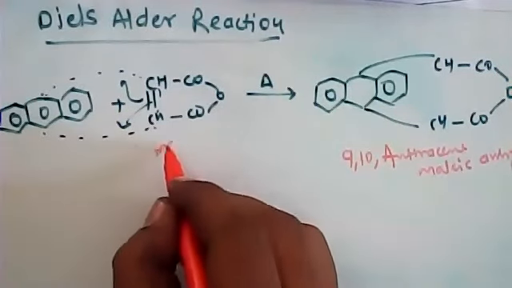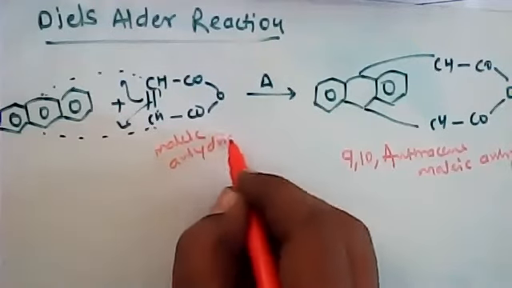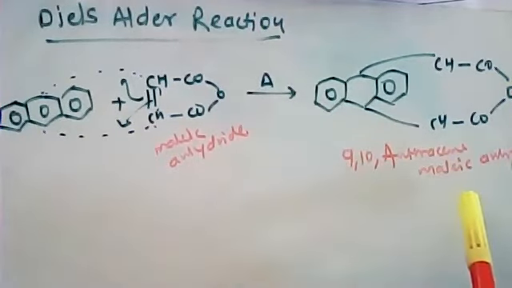This is the maleic anhydride. In the Diels-Alder reaction, a Diels-Alder adduct is formed. That adduct is 9,10 anthracene maleic anhydride. It is simply a dienophile addition reaction.